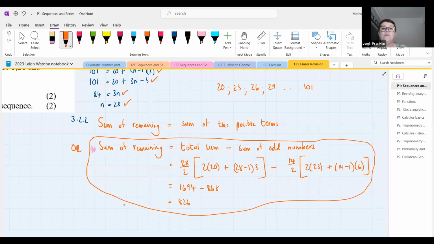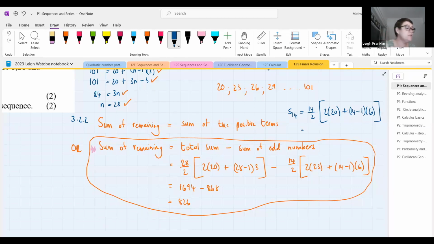The first method, where you just found the sum of all the positive terms, you know that there are 14 terms that are positive. So that would be 14 over 2. The first term is 20. 14 minus 1, n minus 1, and your difference between your even numbers is also going to be 6.